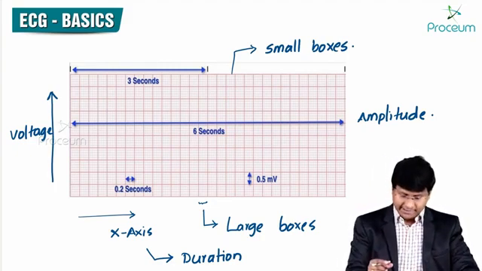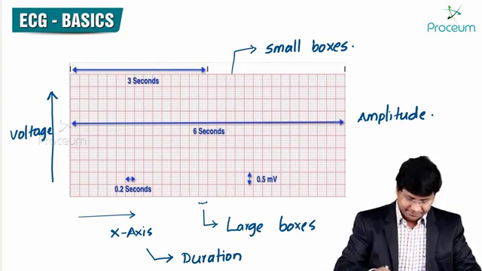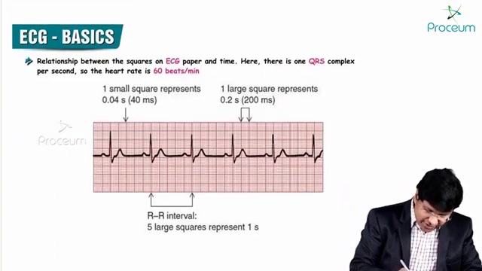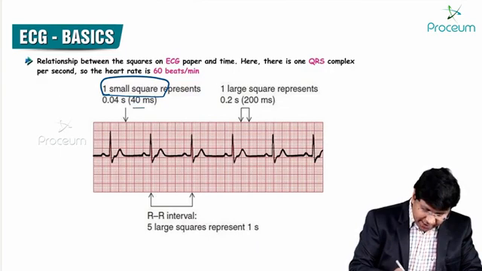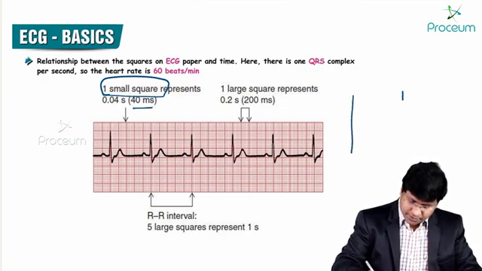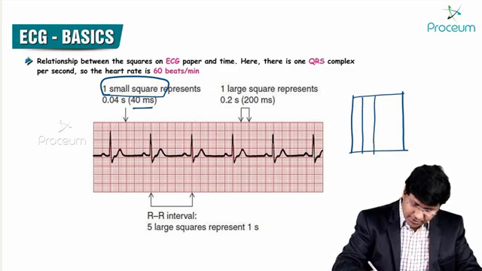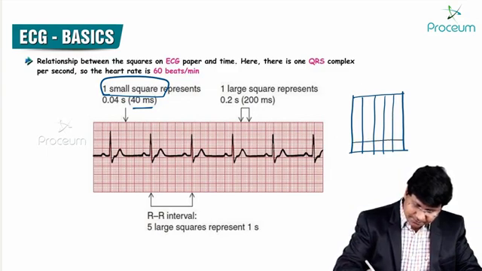If you take the duration of one small box, that is around 40 milliseconds. So consider this is a large box. In this you have small boxes.